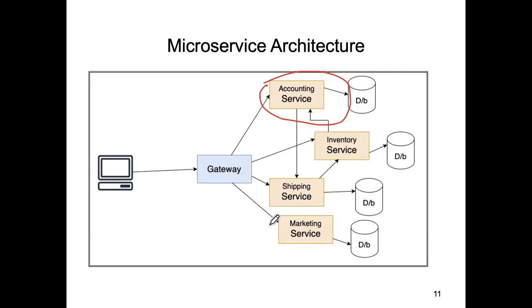Let's pick another one. Let's say if the marketing service is suddenly experiencing very high volumes of requests coming in, then we can scale up. If we think in terms of AWS, AWS can dynamically scale up, or in other words, make multiple instances of this service and scatter them across a range of servers dynamically, whereas the other services don't need to be scaled up.